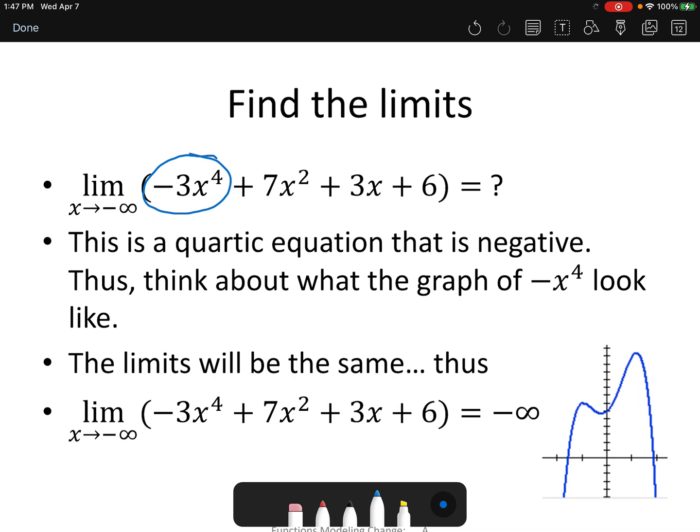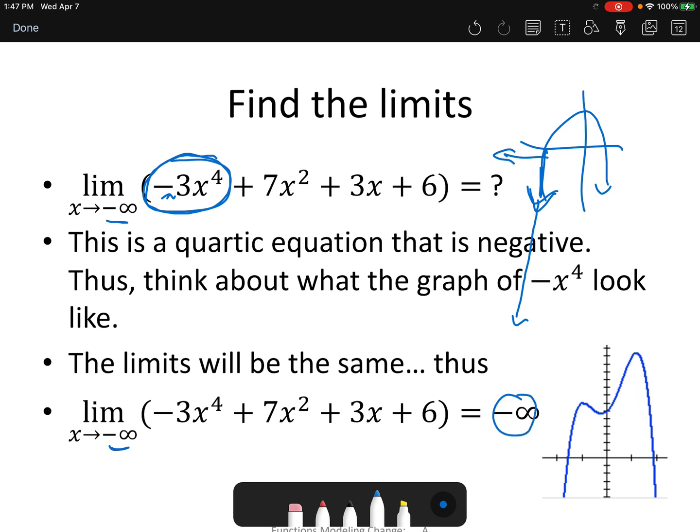Similarly, this one is an x to the fourth, which means U-shaped, but the negative tells us it's going to go down. Now, I want to know the limit as x approaches negative infinity. What is our graph approaching? It looks like it's going to approach negative infinity.